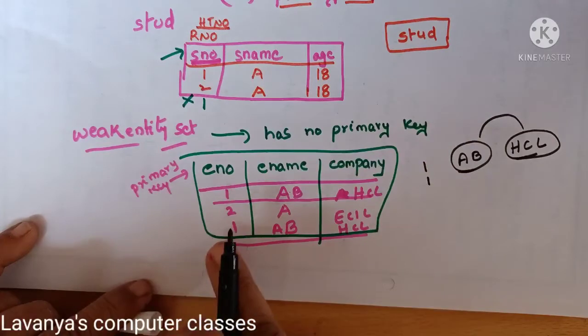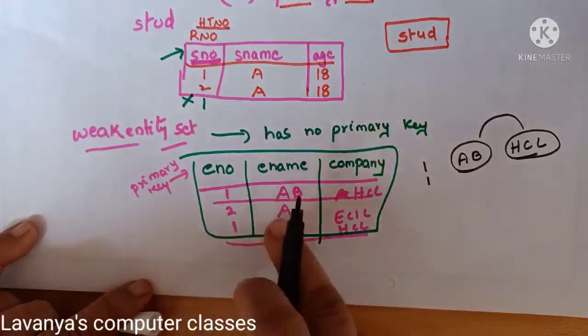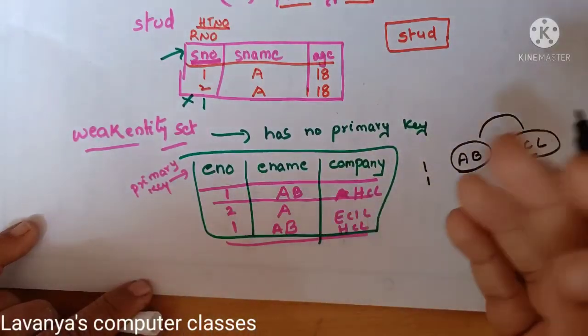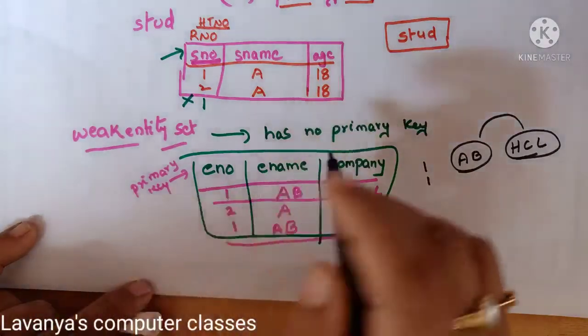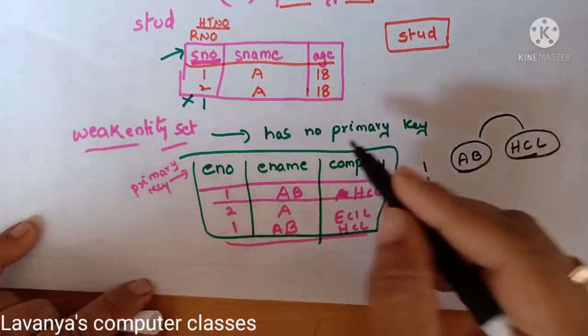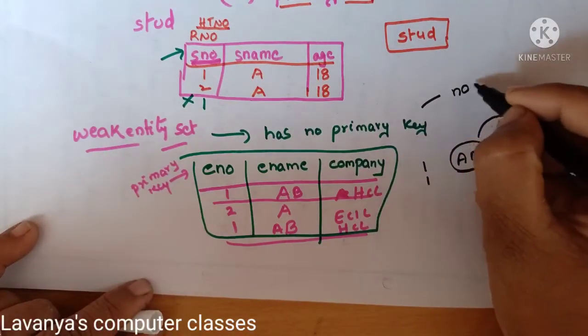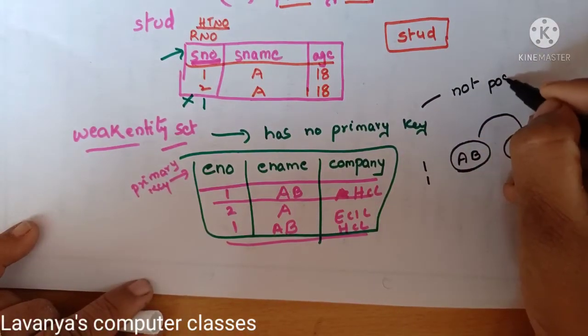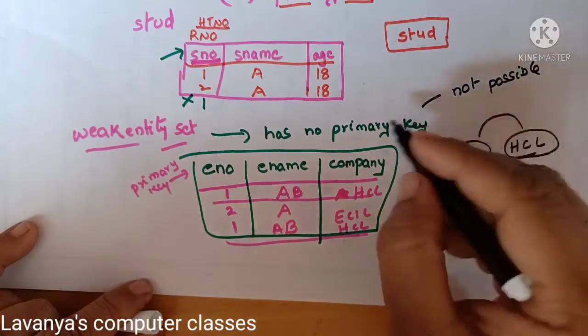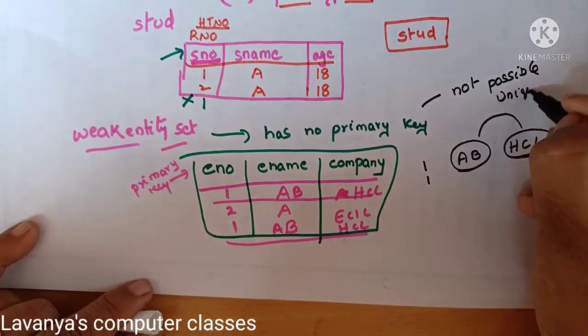In this example, it is not possible to identify one person from another person. So any entity set that has no primary key, or is not possible to identify uniquely, is called a weak entity set.